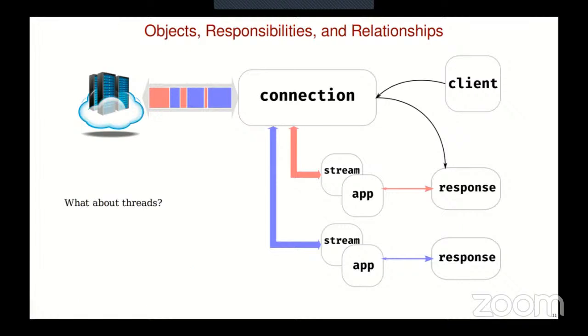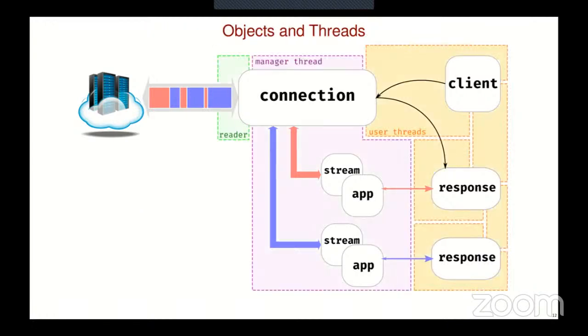Okay, so those are the objects, but that's only half of the picture, and the other part is the threads. So here's what the thread picture looks like, and the overlapping of the object boxes and the thread boxes is very deliberate.